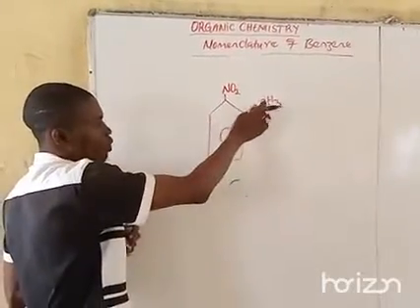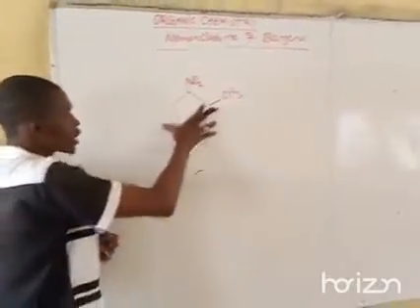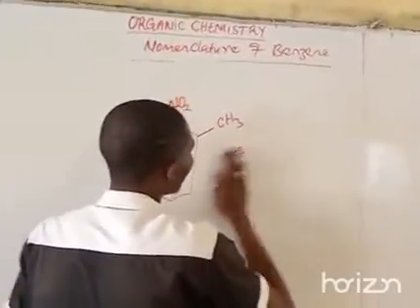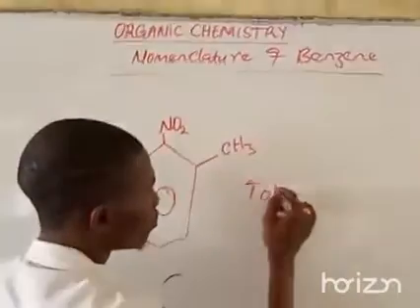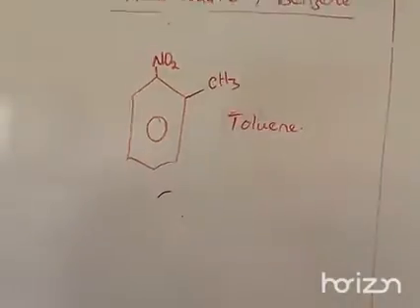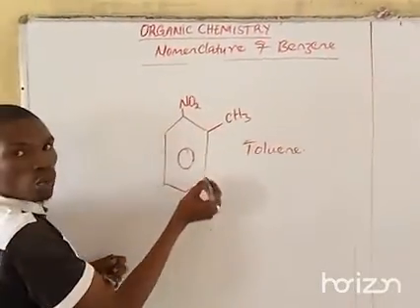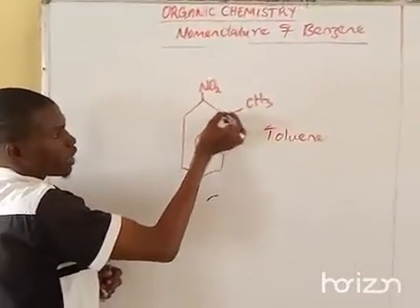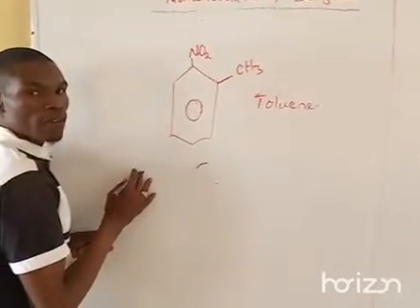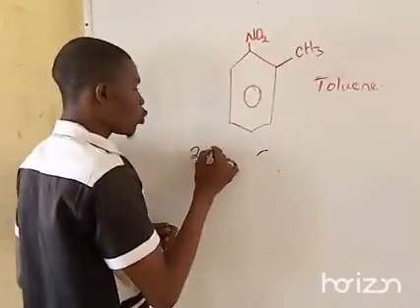So this one will carry the parent name, meaning this compound will be called toluene. The parent name for this compound will be toluene. Since it's called toluene, we start our counting from here: 1, 2. On carbon number 2, we have a nitro group, so we call it 2-nitro.